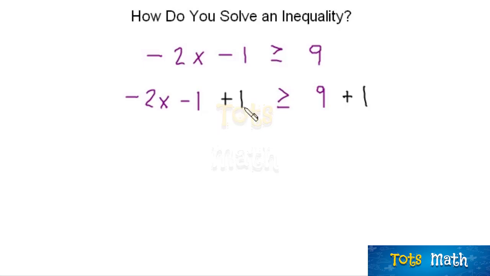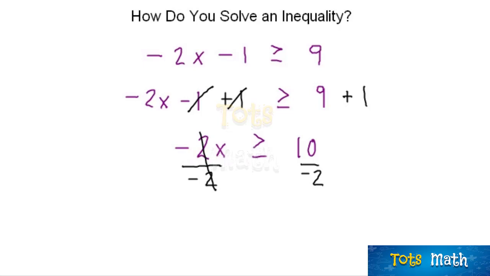Negative 1 and positive 1 add to 0, so we'll cancel them out. And that leaves us with negative 2x on the left side of the inequality. That's going to be greater than or equal to 9 plus 1, which is 10. Our next step is to divide each side by negative 2.